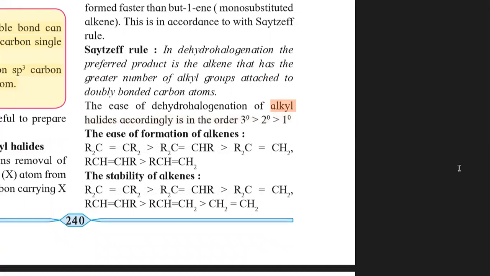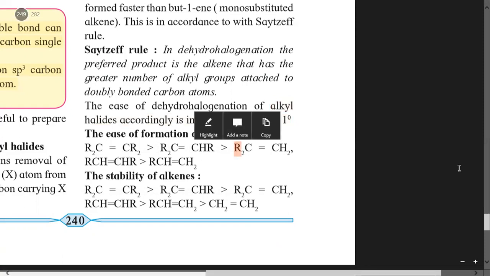Remember this order well. The dehydrohalogenation of alkyl halides is in the order of tertiary alkyl halide greater than secondary, then primary.